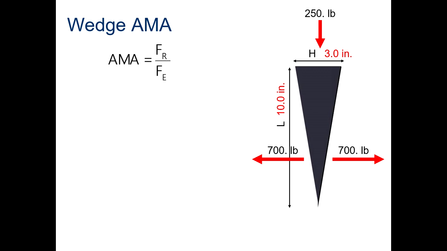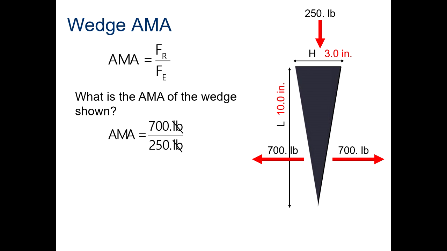Right now here, we're looking at it takes 250 pounds of effort, and we're getting 700 pounds. So if we look at the actual mechanical advantage of this one, we take the 700 divided by 250, and we get 2.8 to 1.